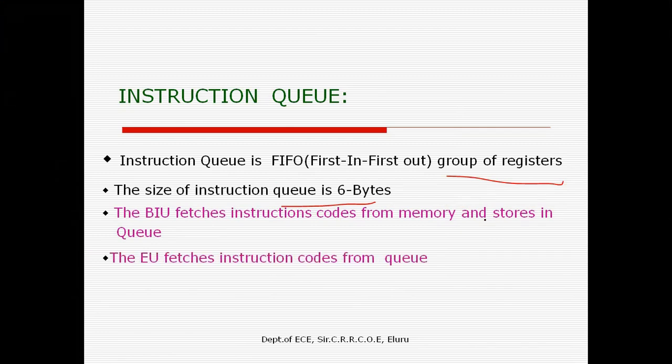And here the execution unit receives the instruction codes from the queue, executes the instructions and stores the results in the general purpose registers.